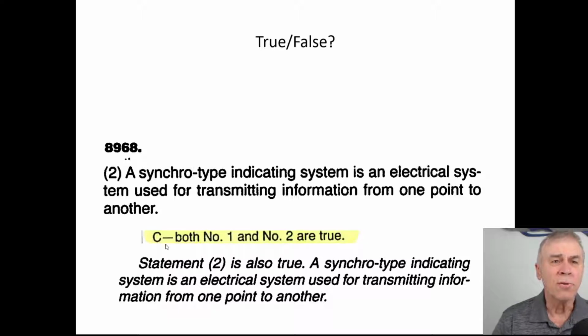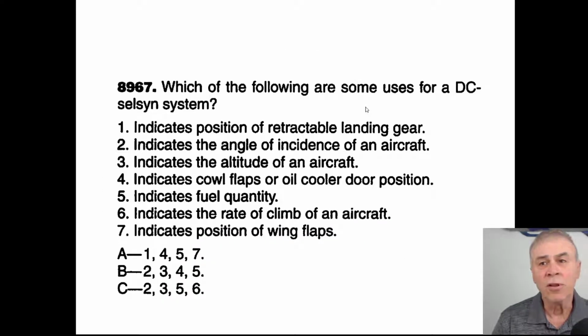So, in real life, the real answer would have been both 1 and 2 are true. No problem. So basically, you have to be able to get 2 true and false questions right in order to get the 1 multiple choice question right.